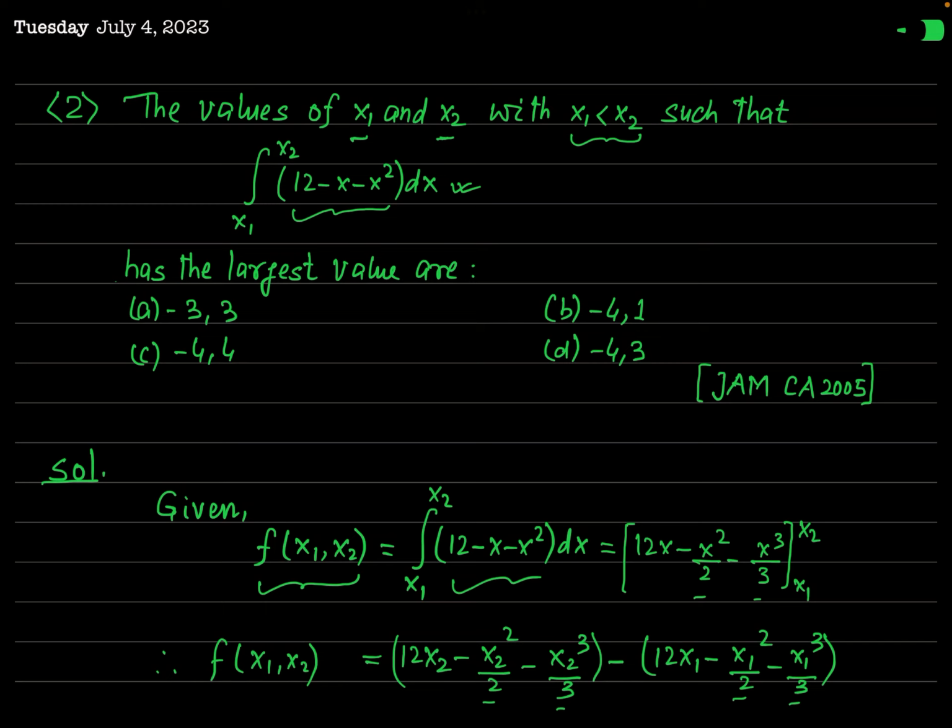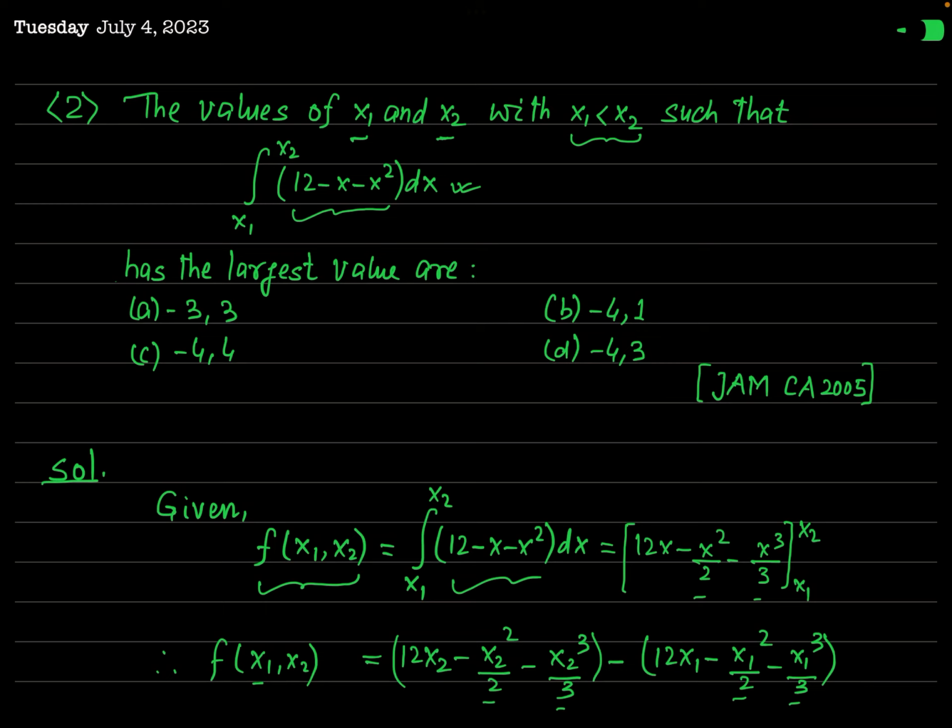Okay. Now for finding the largest value, you know the derivative of this function must be 0 when the function has its largest value. But since this function is not a function of only one variable, but of two independent variables x1 and x2, we have to take the derivative with respect to x1 keeping x2 constant.